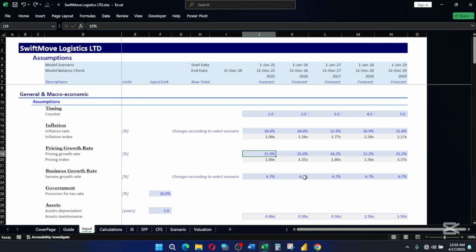Now some people may say that if the inflation rate increases, they add a certain percentage. They may say if the inflation rate is 34%, then we want the inflation rate plus, let's say, 2%.